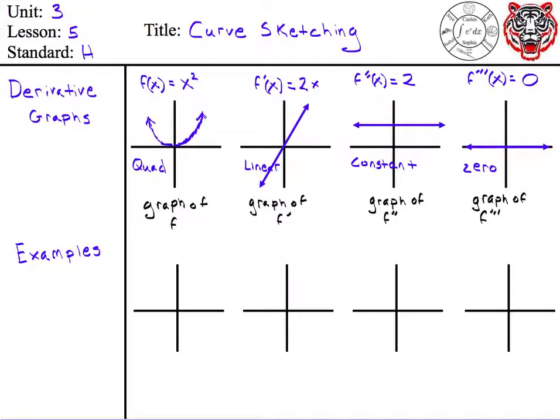I have the constant function, and I'm going to say it's going to be down here like this. I know that this is constant. And is it a positive or negative constant? Is it below the y-axis or above the y-axis? And you should answer it's a negative constant.